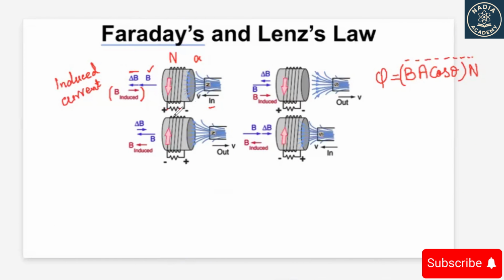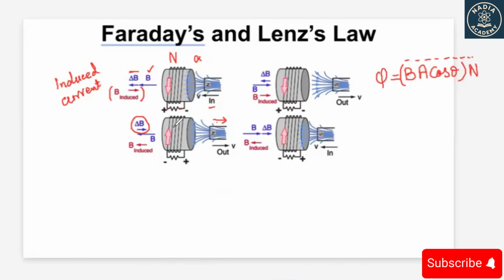Now, for example, if our north pole is going away, now it is moving away, then you can see that the change of this magnetic field is the other way around, meaning that the magnetic flux linkage with this coil is decreasing.